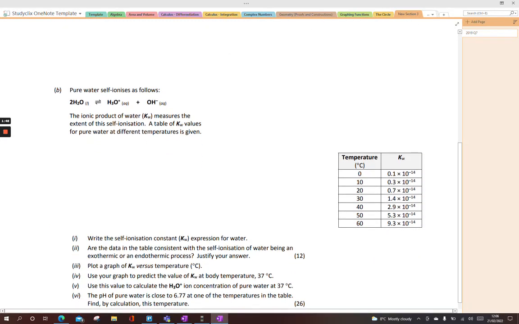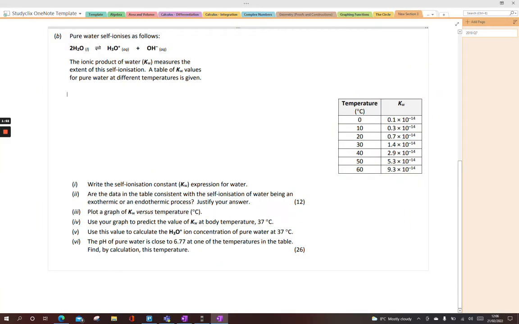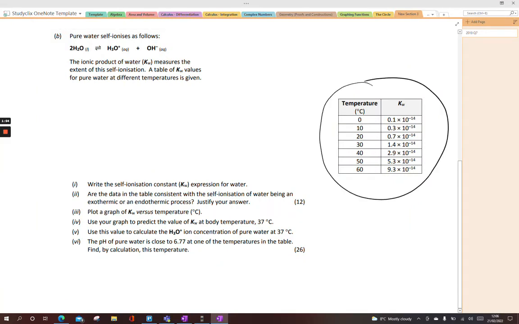Part B, pure water self-ionizes as follows. Here we're given a table of values with our Kw. And we can see there as we increase the temperature, we increase the value of Kw. Just look at the numbers, 0.1, 0.3, 0.7, 1.4. So the values increase as the temperature increases.